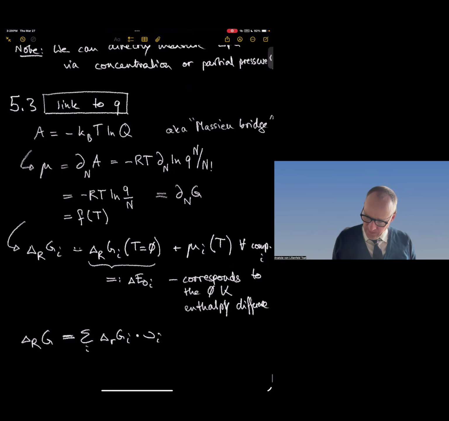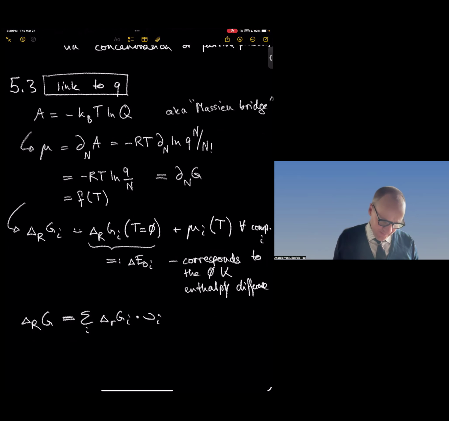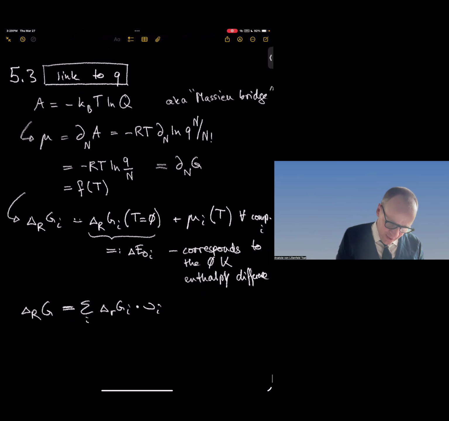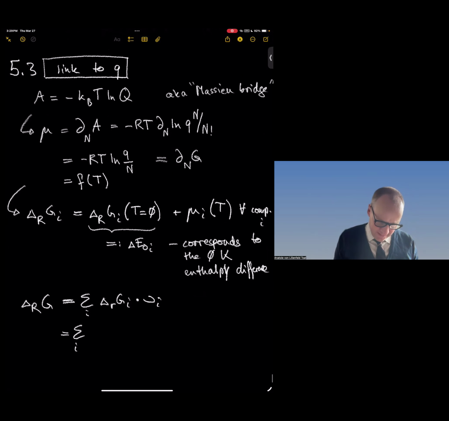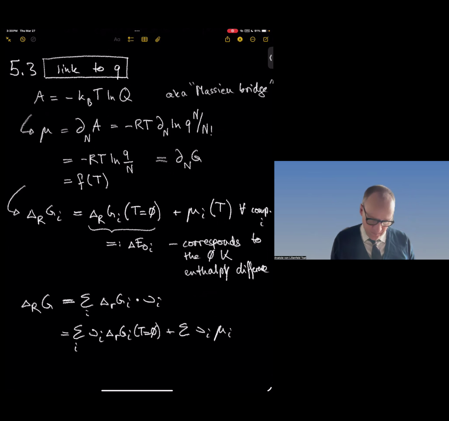And accordingly, we can insert this equation above and we obtain the sum over nu I delta RGi at T equals 0 plus sum over nu I mu I. Okay.